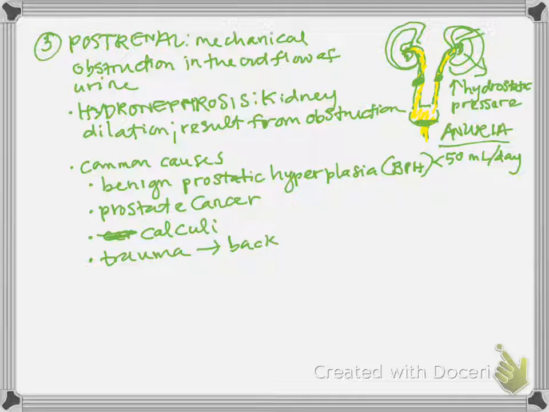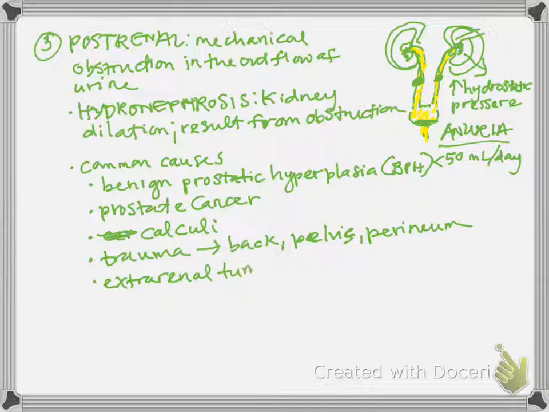So any trauma to the back, any trauma to the pelvis, because that's where that urethra exits, any trauma to the perineum, any to the ureters, any of those structures. If we have any extrarenal tumors in the retroperitoneal space that start to compress those structures, bladder cancer can cause postrenal damage, neuromuscular disorders.